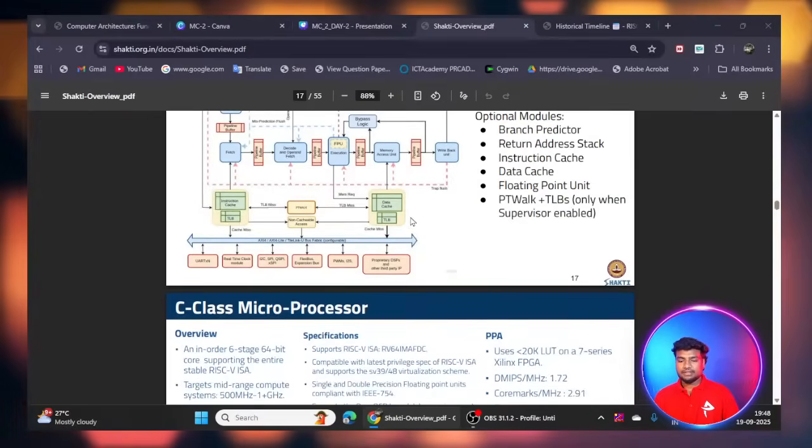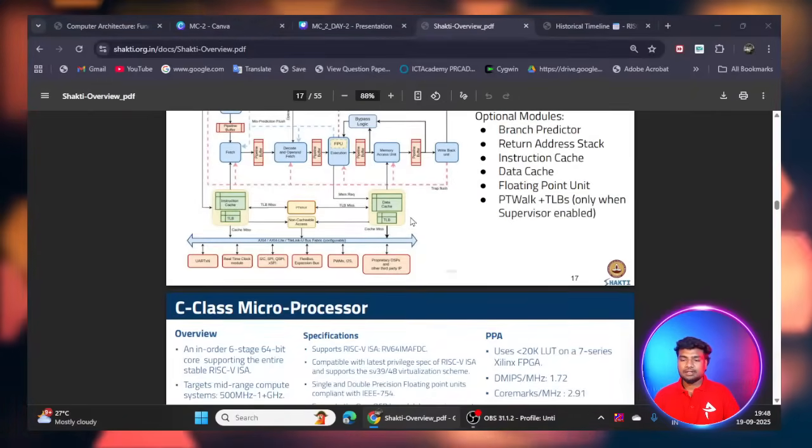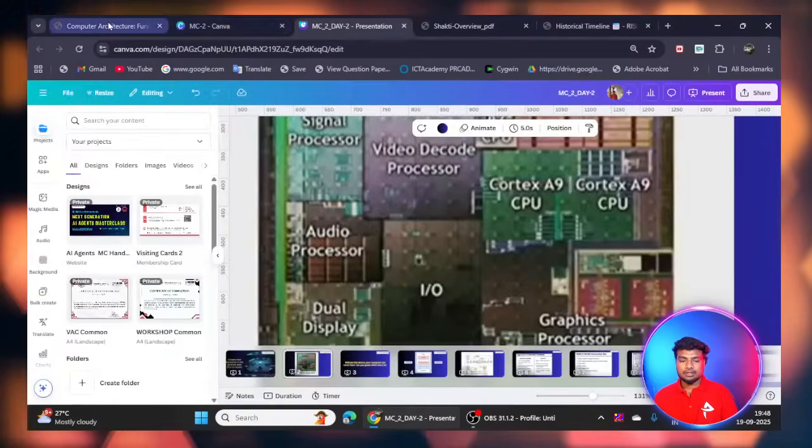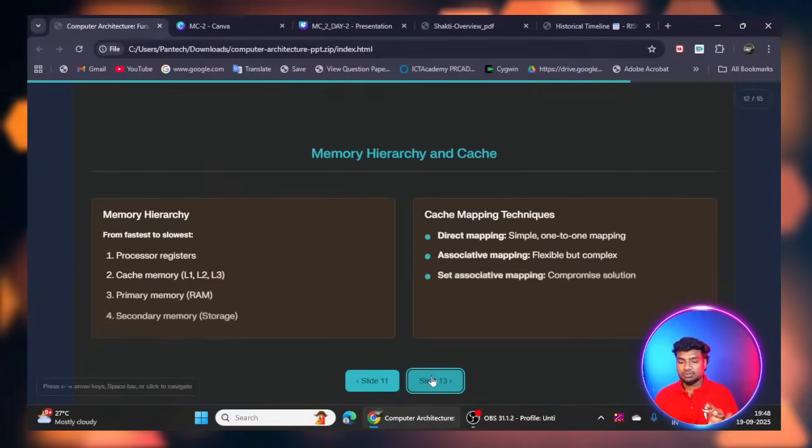Okay, we saw some basic things about computer architecture, and then I will show you another thing: how they execute and how the instruction looks like.